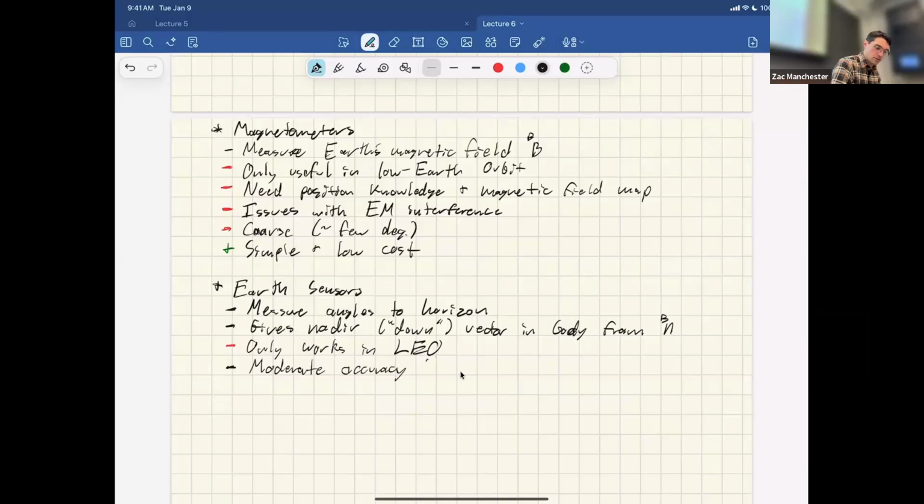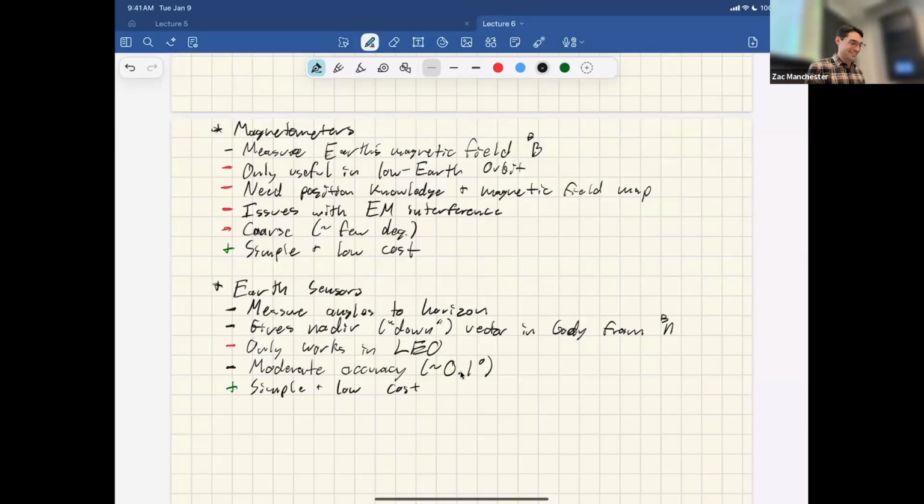If well calibrated, these can get down to like a tenth of a degree. So pretty good. And they're also relatively simple and cheap. Okay, other ones.